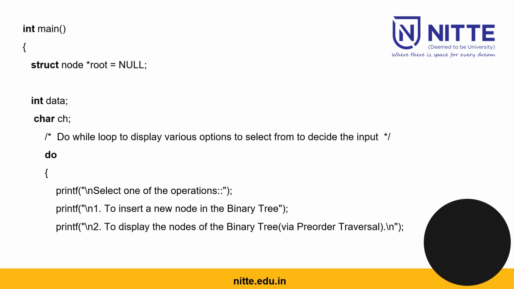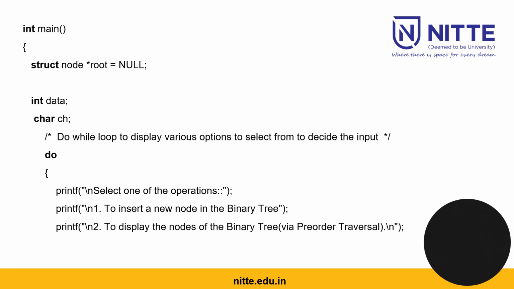So what we will do here is first print select one of the operations. Then it will print 1 to insert a new node in the binary tree. So the first option is to insert a new node in the binary tree. Another print: 2 to display the nodes of the binary tree in the pre-order traversal manner.